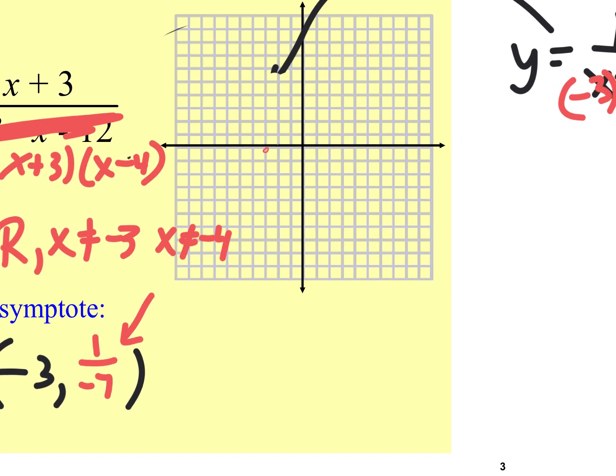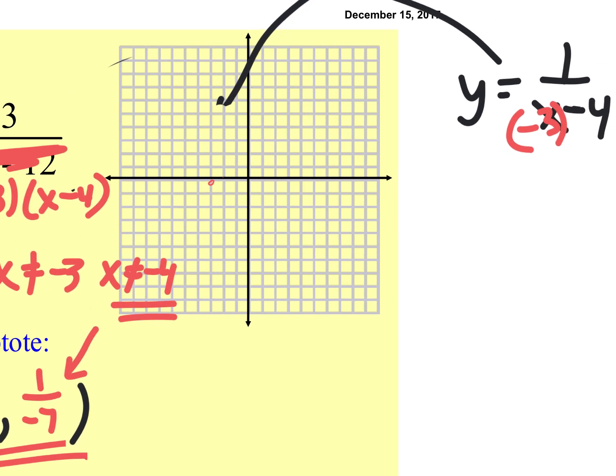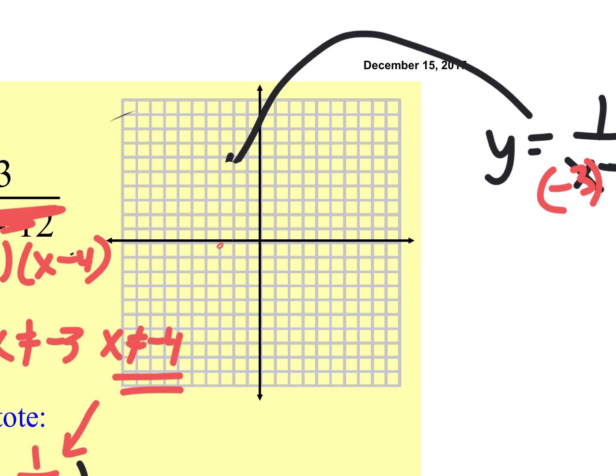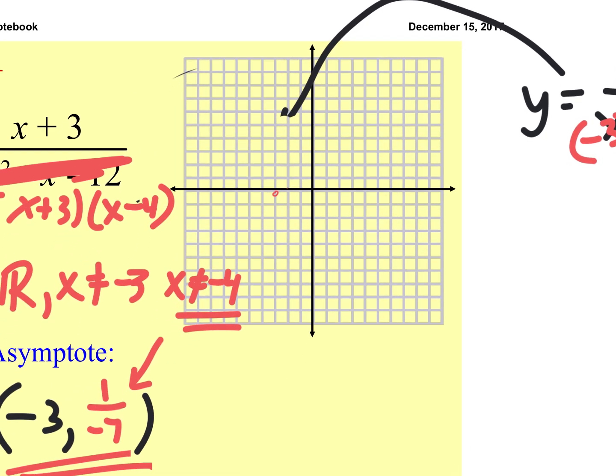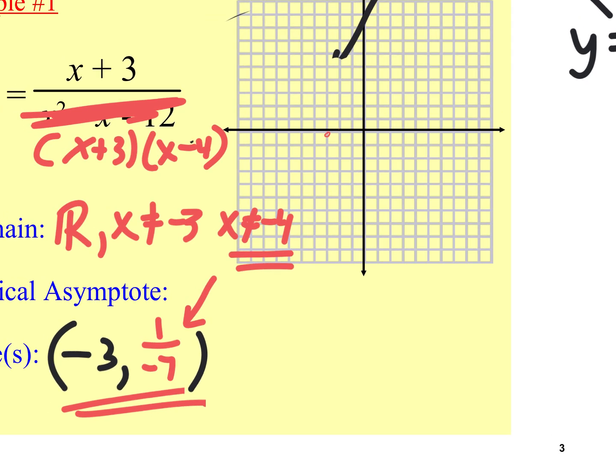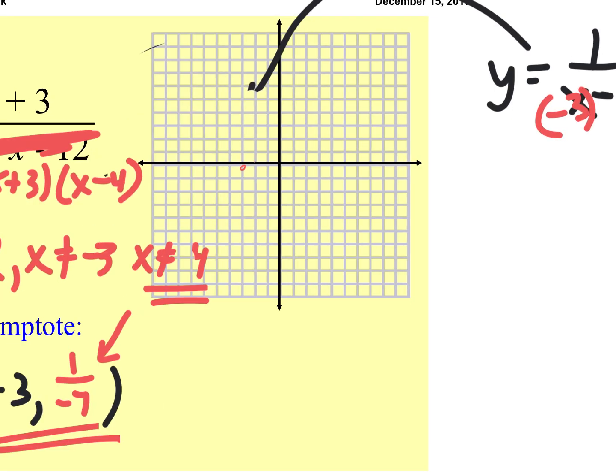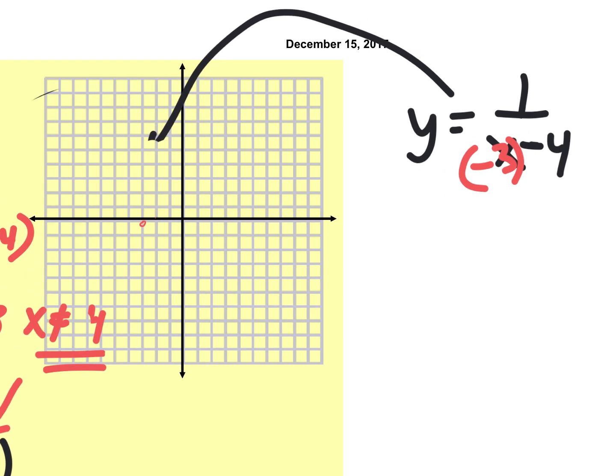And one of those is a hole, that one. And the other one is an asymptote at 4. Oh, +4, thank you. That's a +4, not a -4. Sorry about that. Fix that. There we go. +4 asymptote.